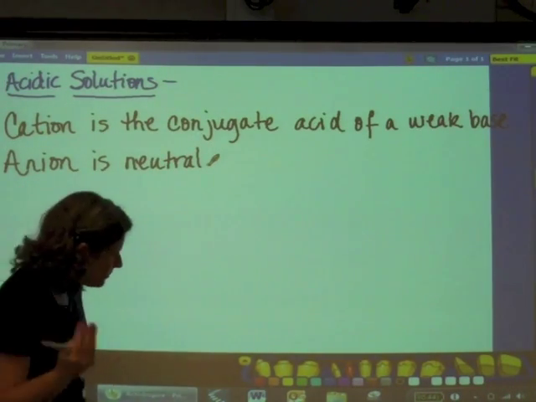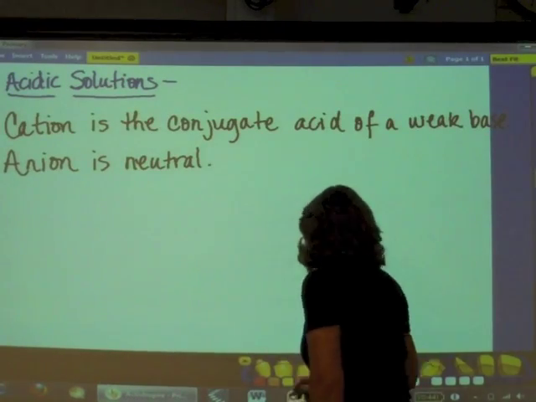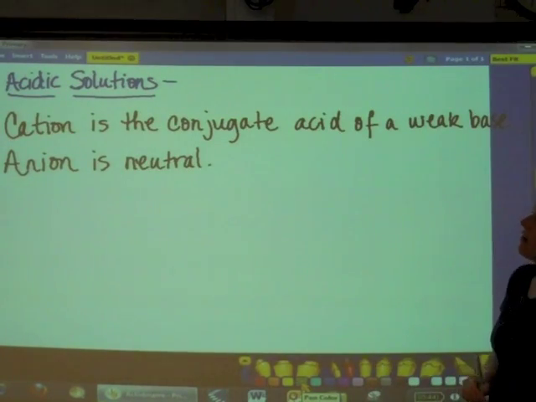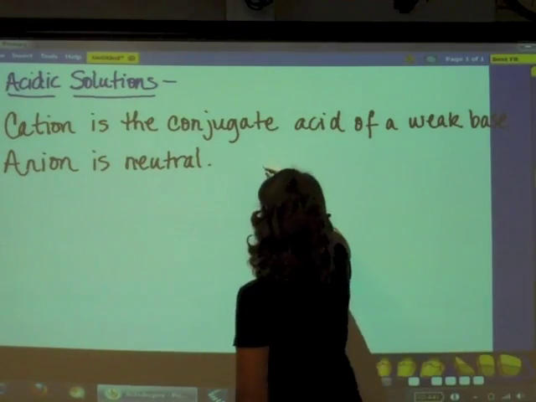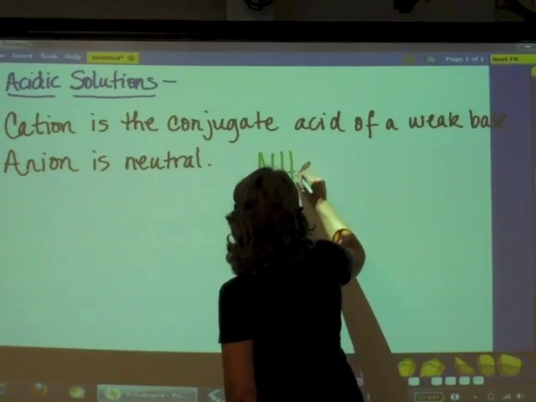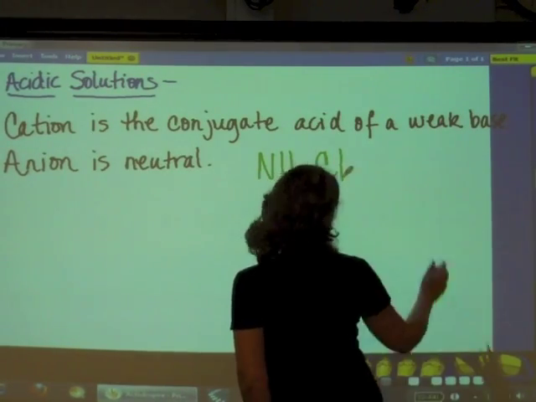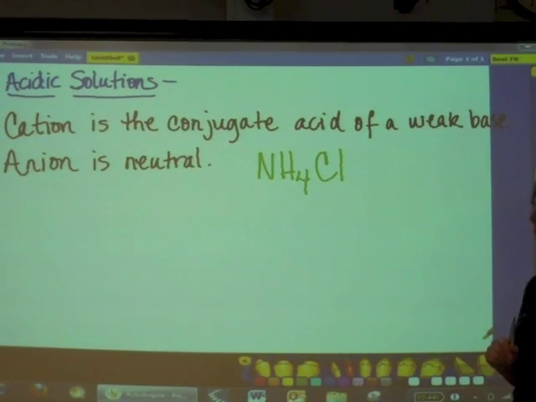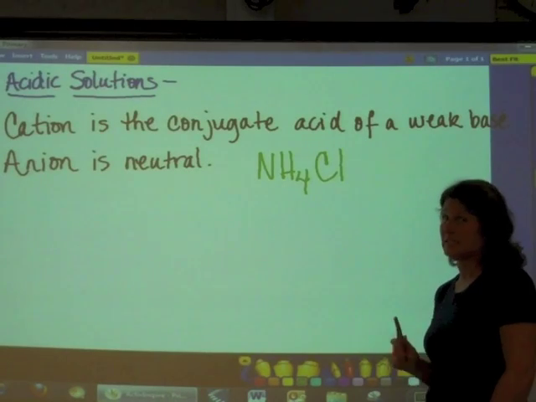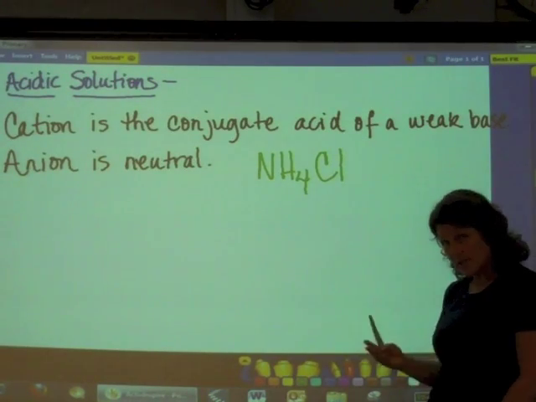So what would be an example of a salt whose cation is the conjugate acid of a weak base and its anion is neutral? Something like ammonium chloride. And if you look back at your pH data from class, you should see that ammonium chloride indeed was an acidic solution.